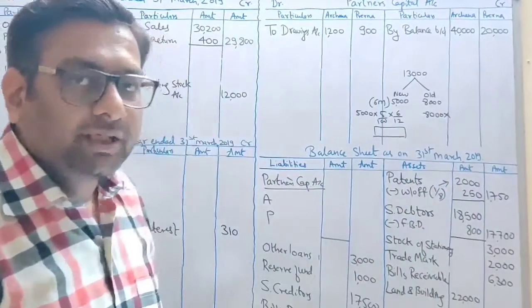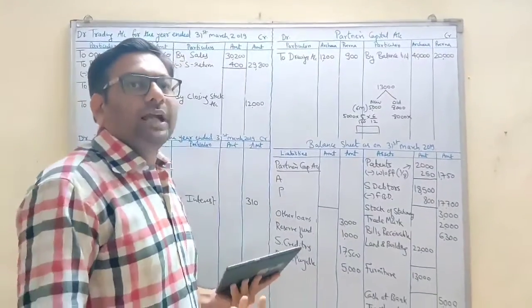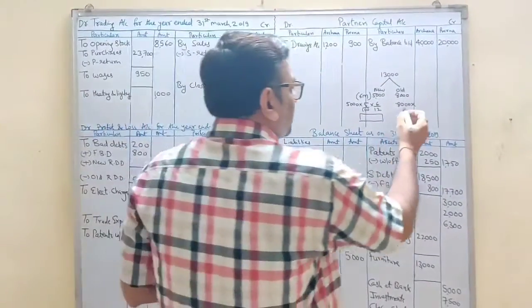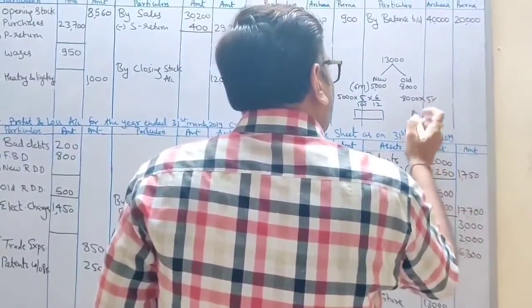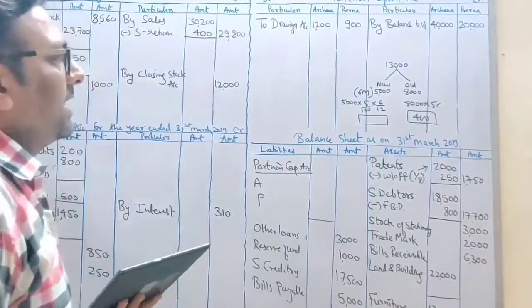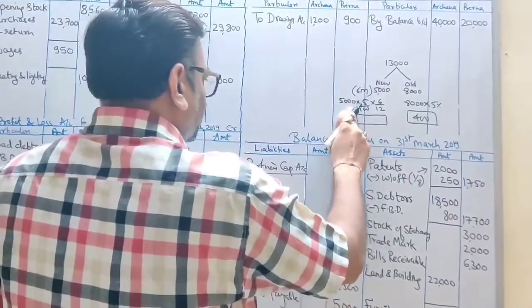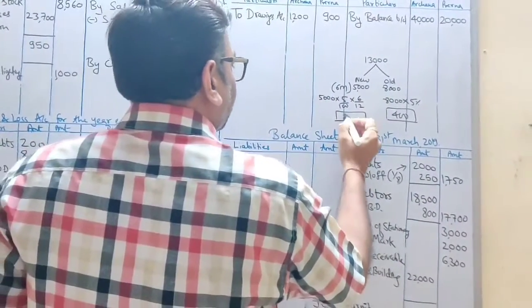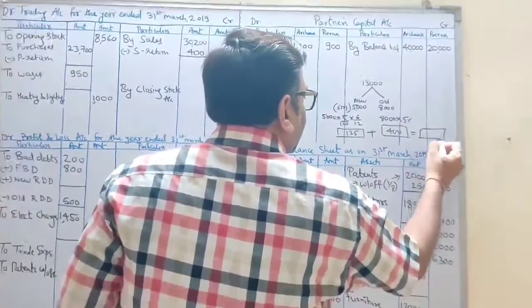Old means what, student? You have used this furniture for the entire year. So you are going to calculate for the entire year. 8,000 ka 5%. So this will be 400, correct? And 5% of 5,000 is 250, half of that is 125. So what will be your total depreciation?